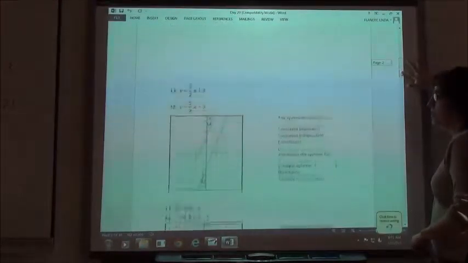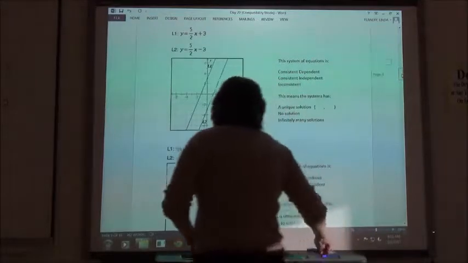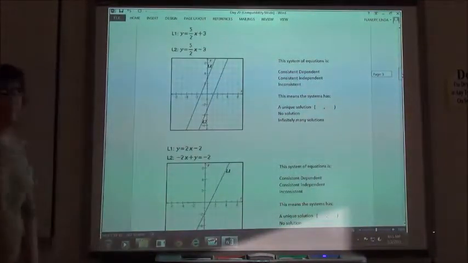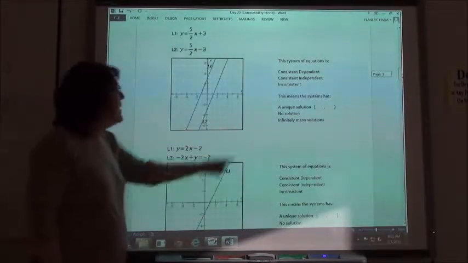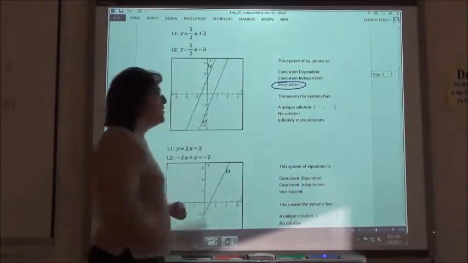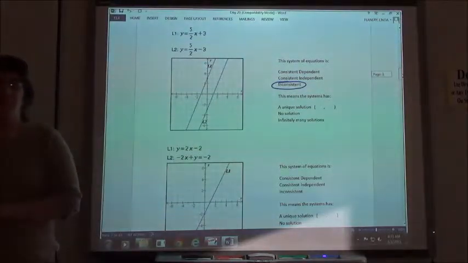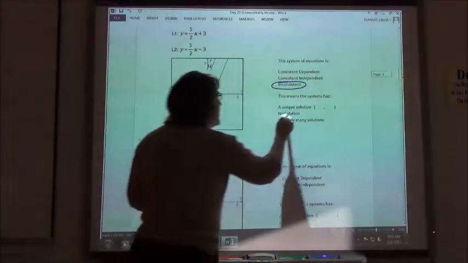The second one on number 2 is which kind? It's inconsistent and has no solution. No solution, because my lines aren't going to touch each other.